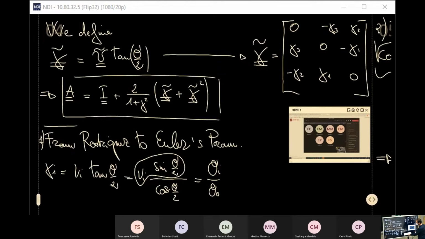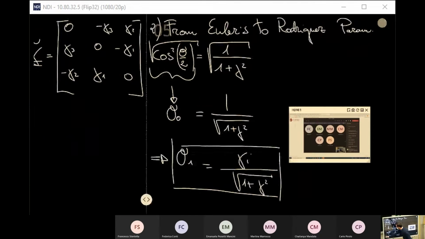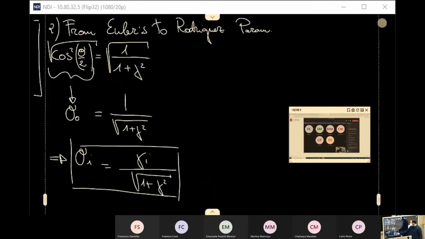If I try to explain from this last one, theta I is equal to gamma 0 multiplied by gamma I. But gamma 0, we saw it's this quantity, so this demonstrates basically the thesis. All right, so these are Rodriguez parameters. 3 parameters instead of 4. And they do suffer a problem of singularity.